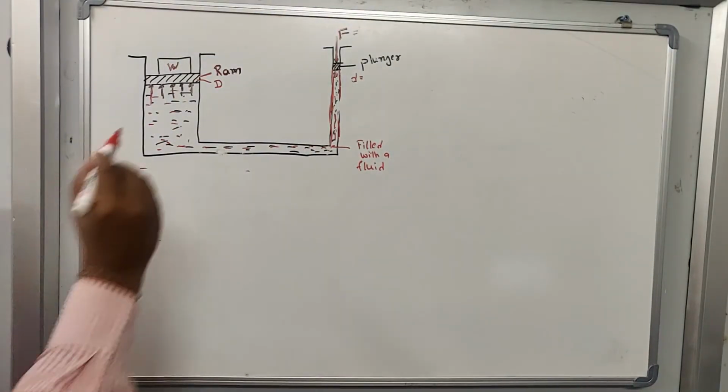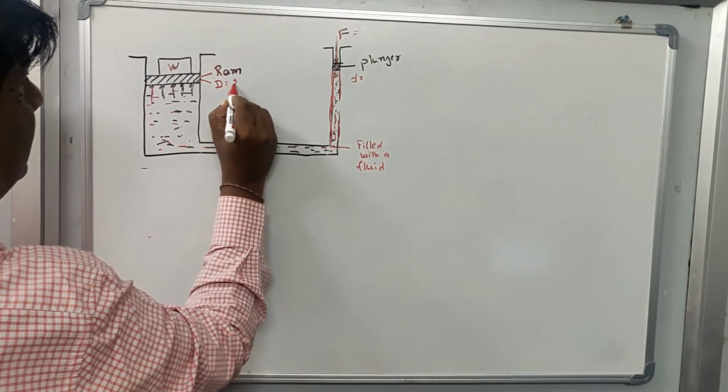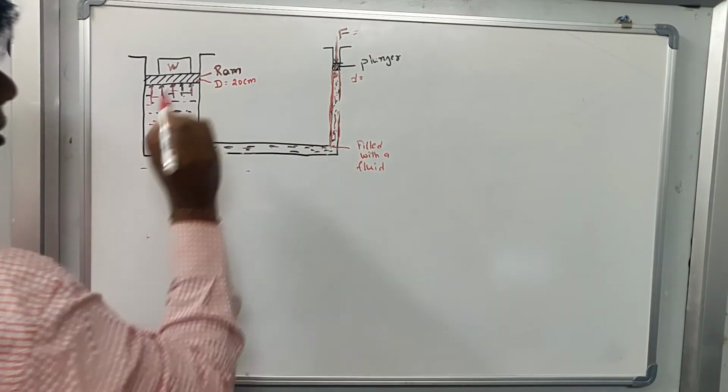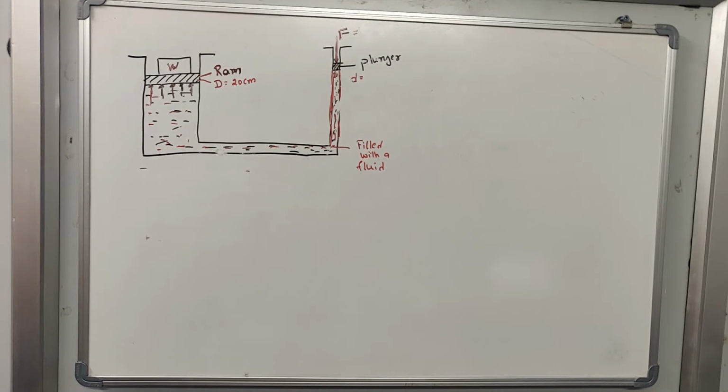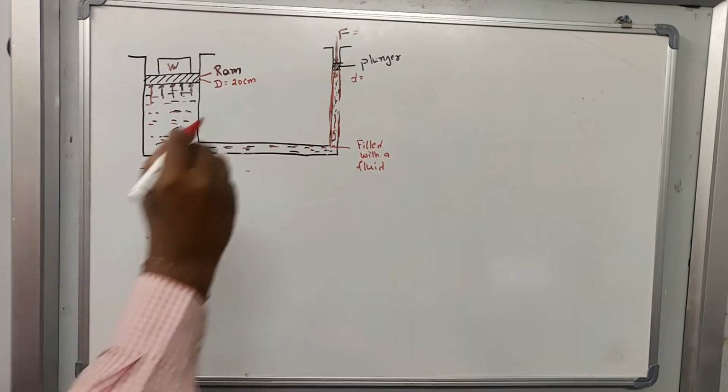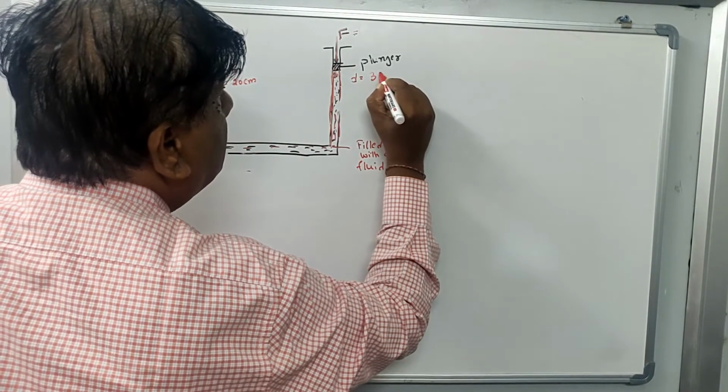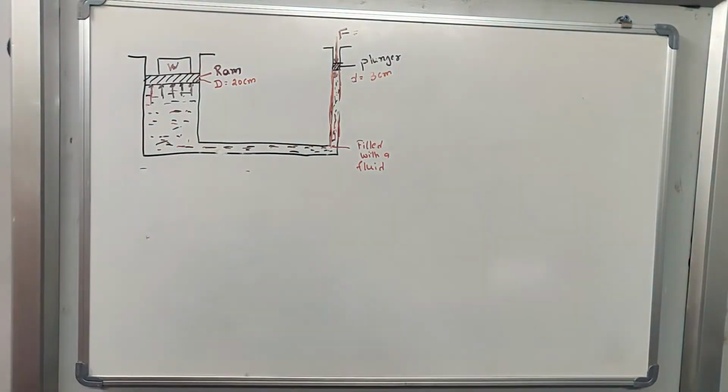Ram diameter D is 20 centimeter. Then plunger diameter is 3 centimeter.